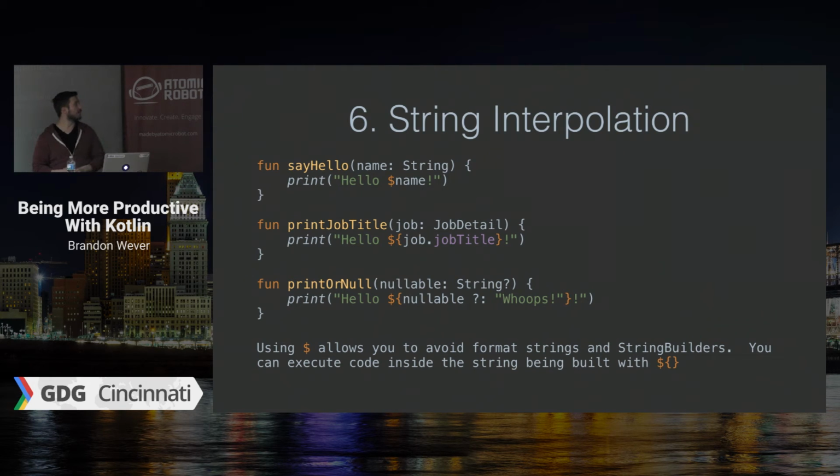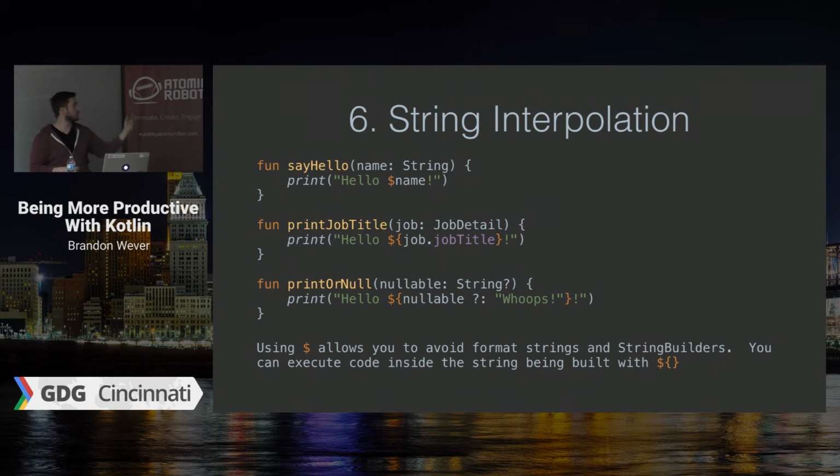If you want to access a property of a job, like the job detail has a job title, you can execute code in there if you include the curly braces around what you're doing. So $, curly brace, what you do, close the curly brace.